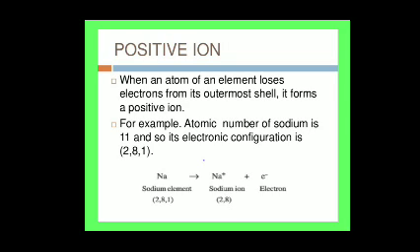Sodium has the 2, 8, 1 electronic configuration. When it loses one electron in its valency shell, it gets the nearest inert gas neon configuration.